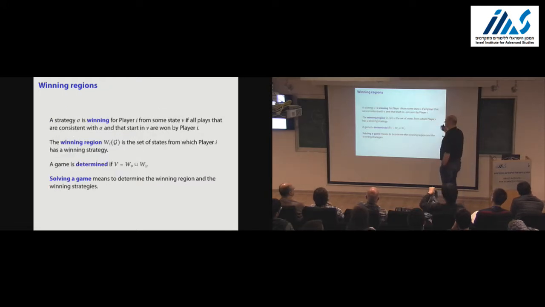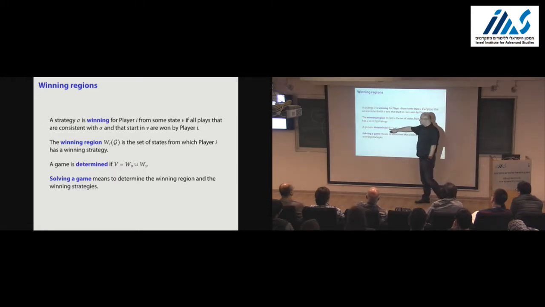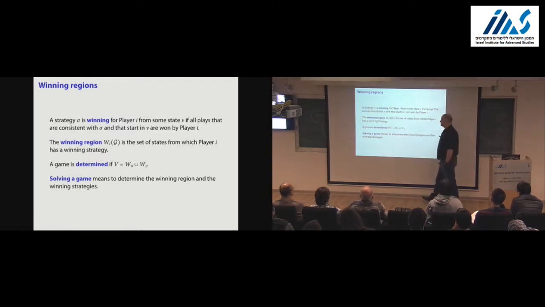So we say a strategy is winning from some state if all plays that are consistent with the strategy and that start in V are won by the player. The winning region is the set of states from which that player has a winning strategy. And we say that the game is determined if the winning region of player 0 combined with the winning region of player 1 actually gives you the full arena.